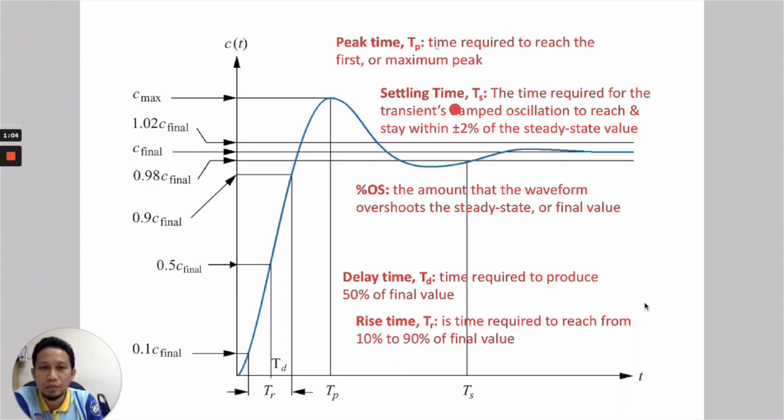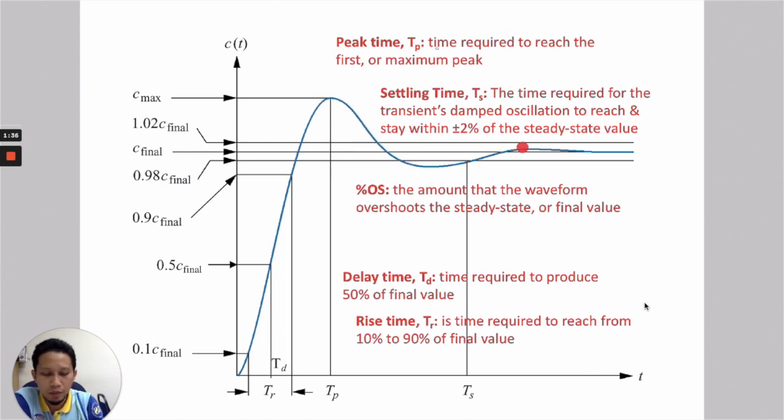The settling time is the time required for the transient damped oscillation to reach and stay within plus minus 2% or 5% of the steady state value. As I mentioned before, for example here, the response starts from the origin, goes through the transient until it reaches the peak, and then oscillates.